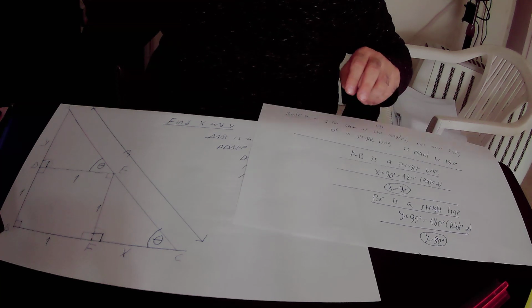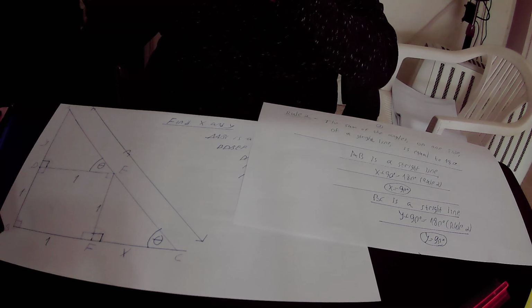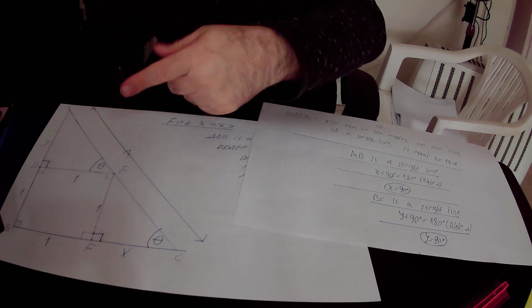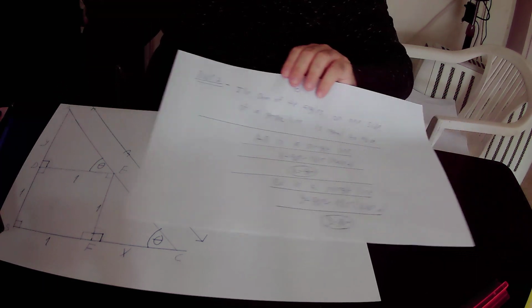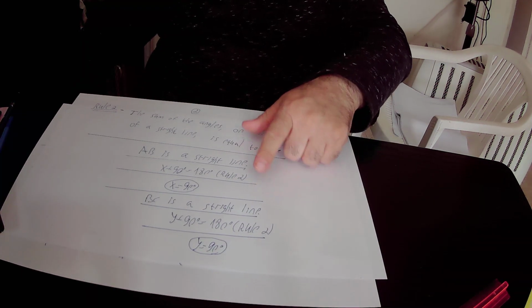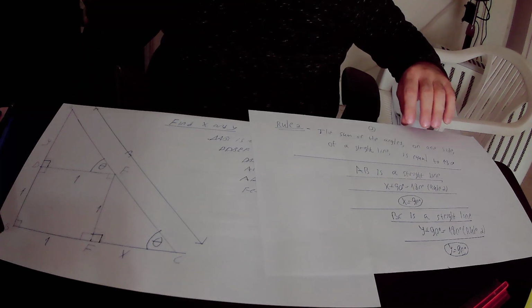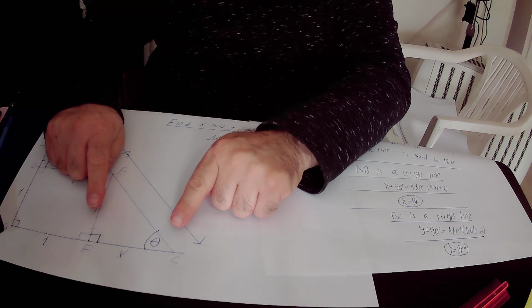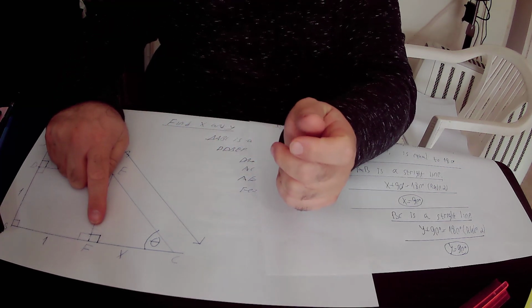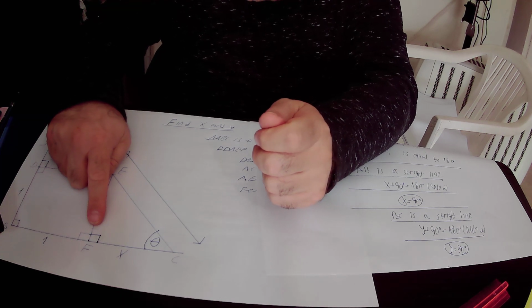And likewise, BC is one side of the right triangle ABC, therefore it is absolutely a straight line. According to rule number 2, if we focus on the upper side of the straight line BC at point F, then the sum of the angles here must be equal to 180 degrees.